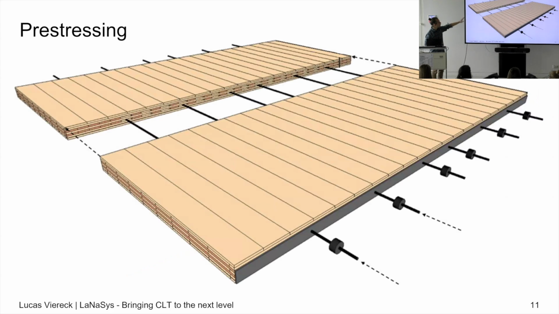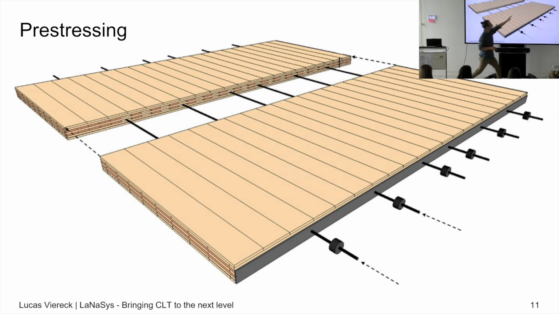Our approach was to take several elements from LaNaSys and connect them via pre-stressing cables. So we make use of the cavities inside and we integrate those steel cables to connect more elements.